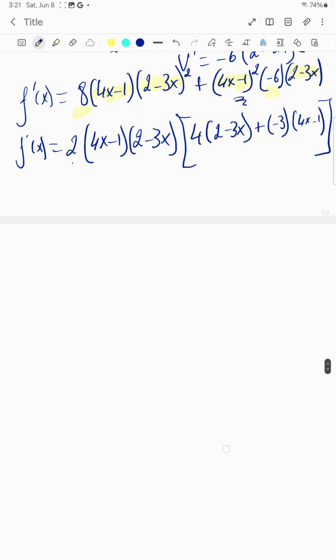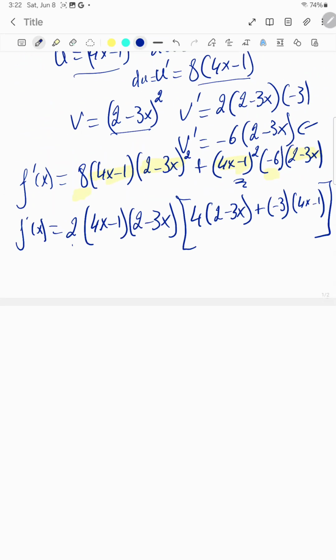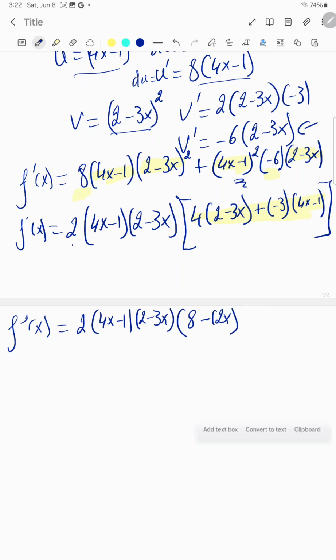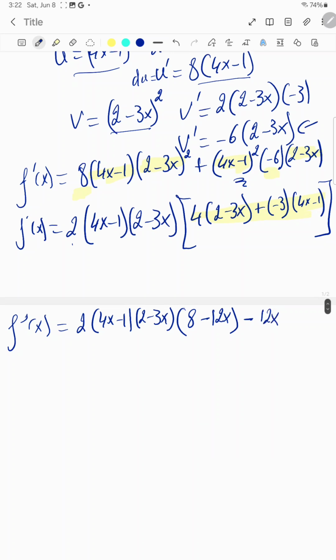Now let's work inside my big bracket. Let's get rid of the parentheses. So f prime of x is equal to 4 times (2 minus 3x), and here 4 times 2 is equal to 8, minus 12x, because 4 times 3 is 12. Then minus 3 times 4x is minus 12x, and here I had my big parentheses, plus 3.